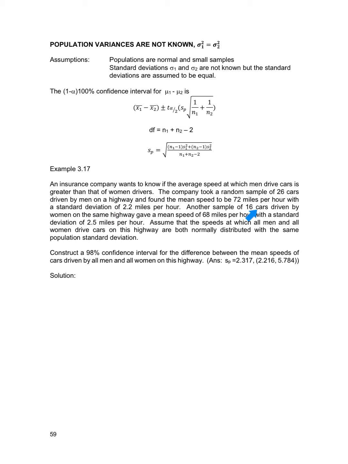Another sample of 16 cars driven by women on the same highway gave a mean speed of 68 miles per hour with standard deviation of 2.5 miles per hour. Assume that the speeds at which all men and all women drive cars on this highway are both normally distributed with the same population standard deviation. Construct a 98% confidence interval for the difference between the mean speed of cars driven by all men and all women on this highway.